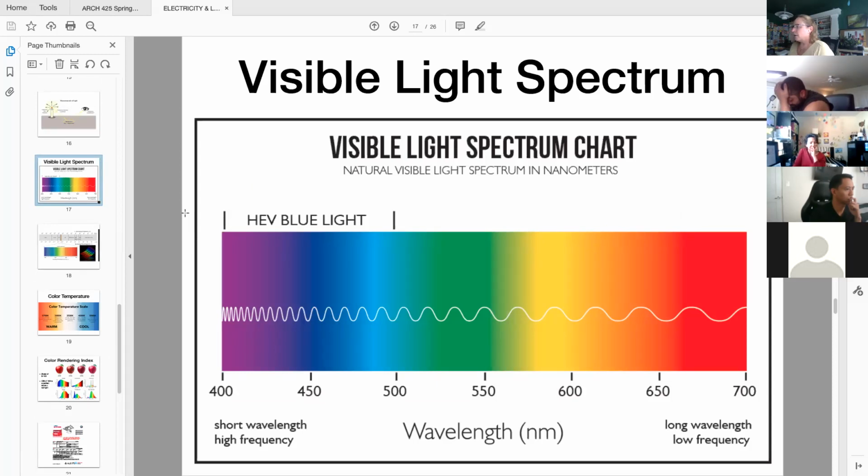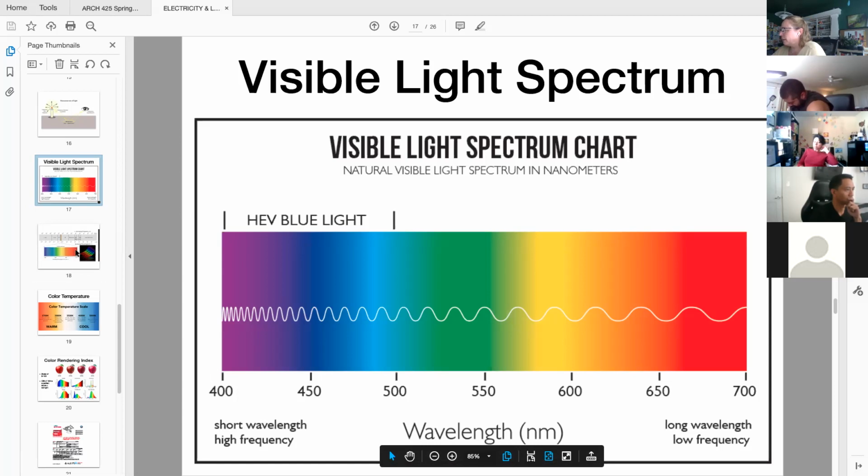And the reason the color varies is because the length of the wavelength is changing. So red is a very low, spread out light wave versus indigo is a very, very tight, very short wavelength. The visible light spectrum ranges from 400 to about 700 nanometers.